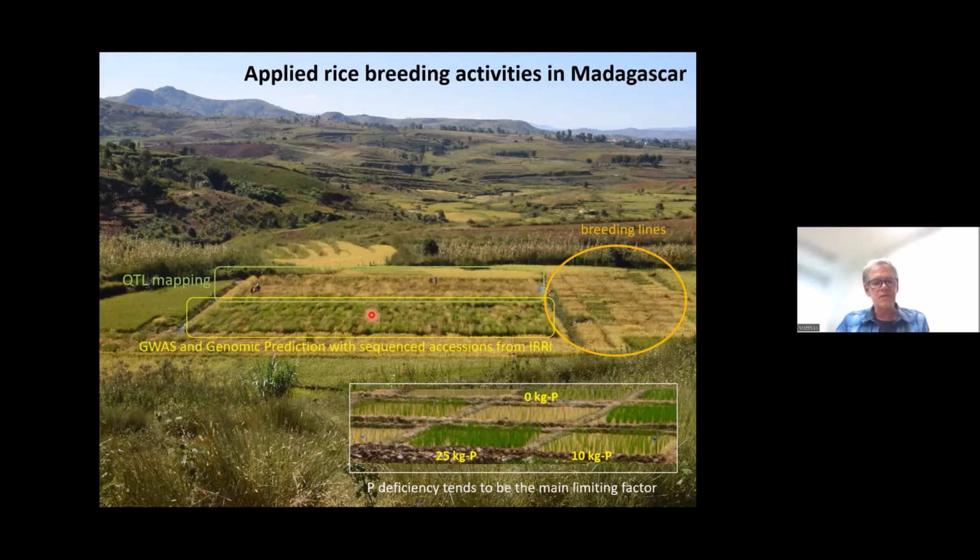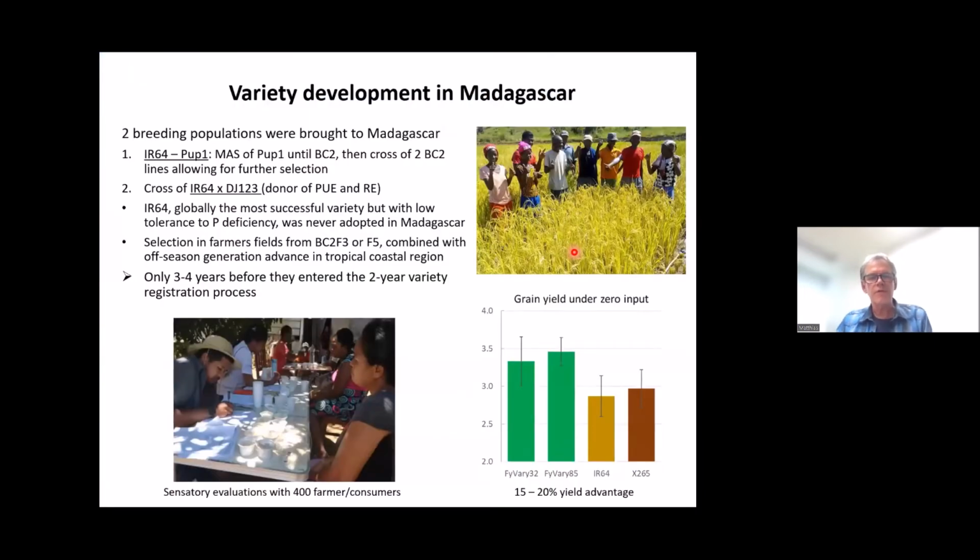In this case, you see we've done GWAS and genomic prediction here. This was a QTL mapping experiment. Here are our breeding trials, and the breeding trials in particular have now borne fruit.